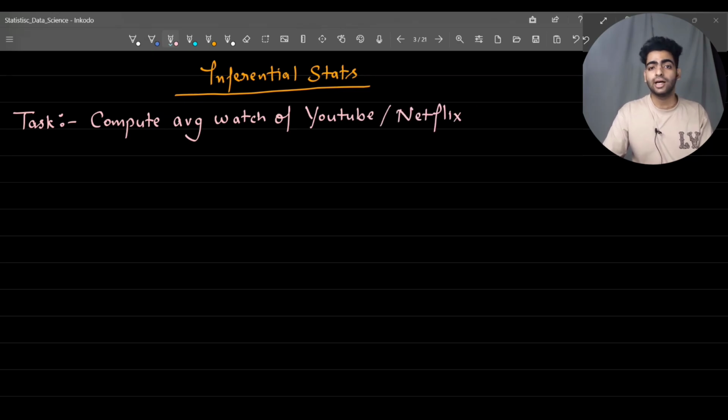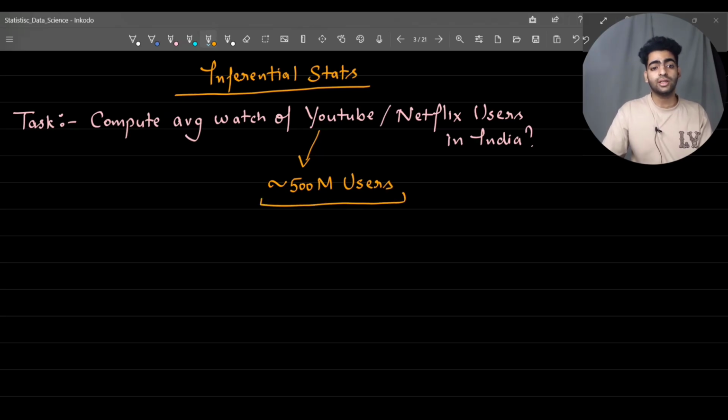Let's say I have to compute that. So if I have to compute the average watch time of YouTube users in India, all we need is data. See, YouTube has more than 500 million users in India, right? It has roughly around 500 million users in India.